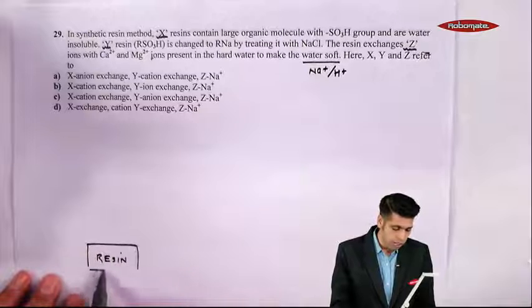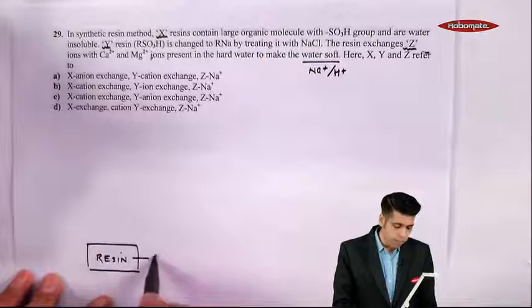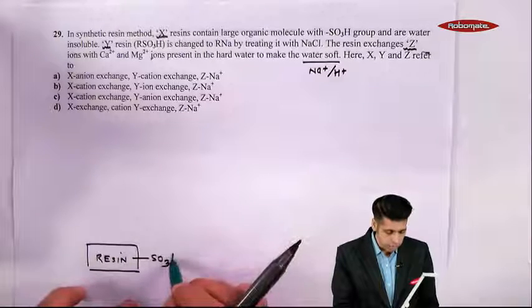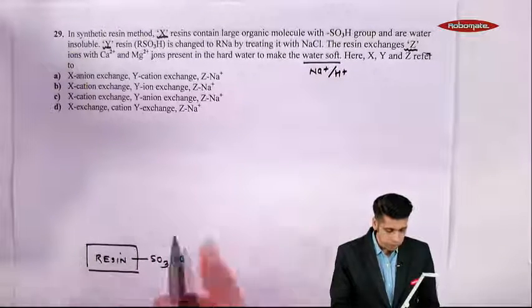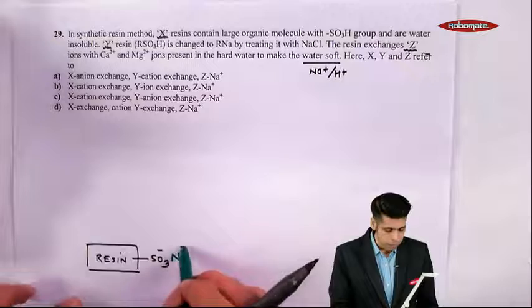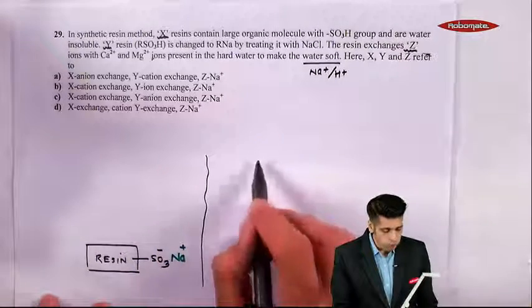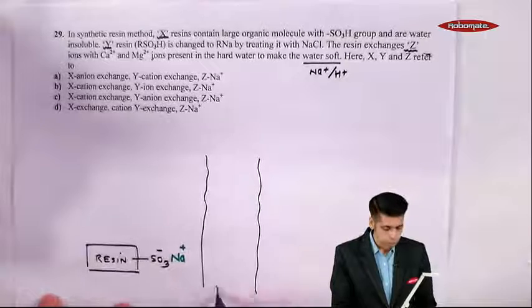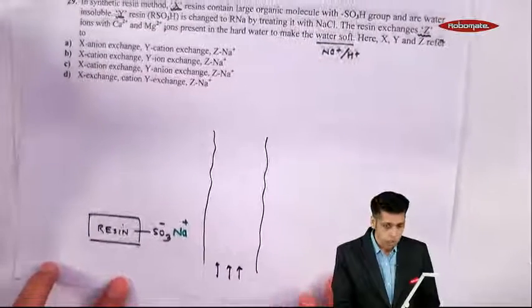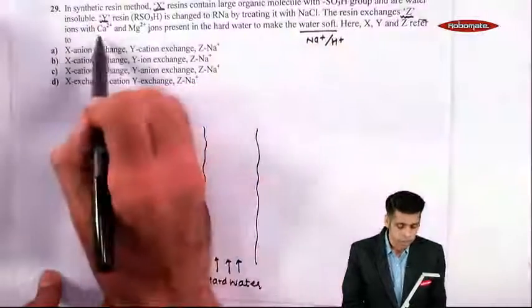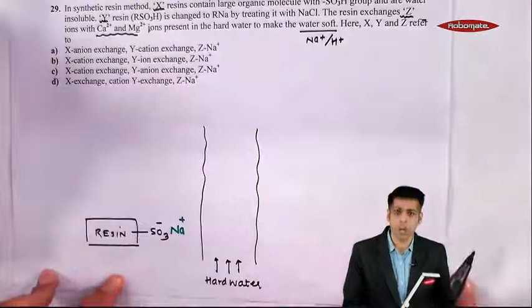We could have a resin in which on its surface you would have SO3-, and Na+. And now students, from the water which is coming up, say from this side, which is containing say hard water. So as it is written in the question, it contains calcium and magnesium ions.